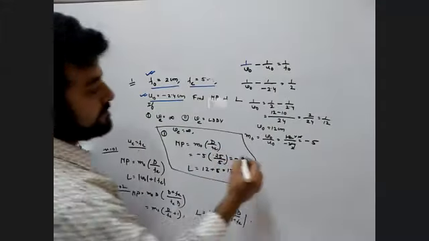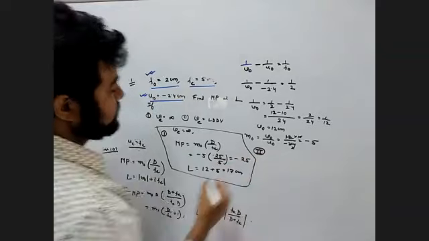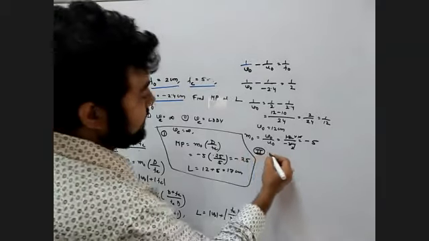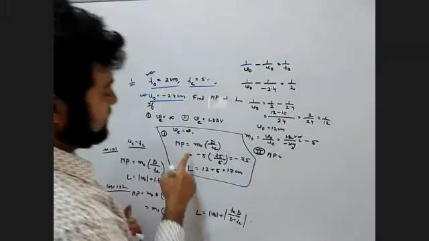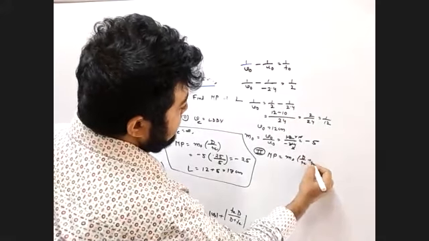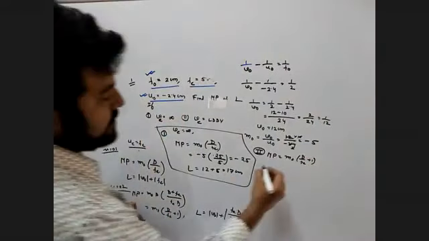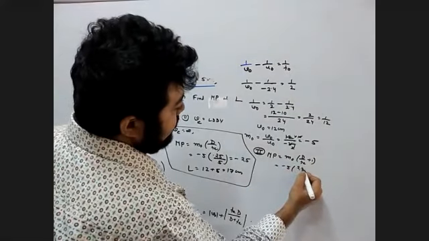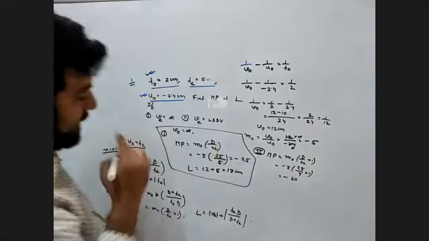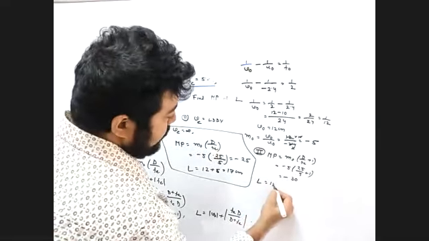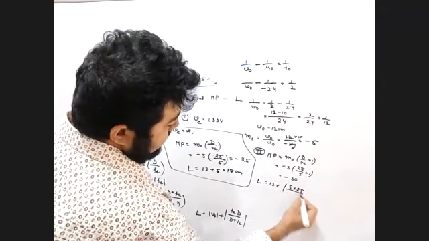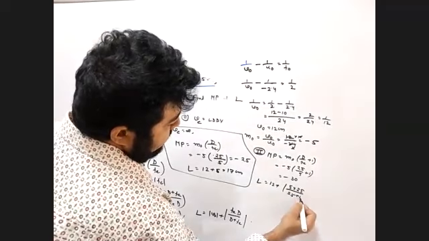Now the second part, when the image is at the least distance of distinct vision, what is my magnifying power? Magnifying power is m naught d by fe plus 1. So minus 5 into 25 by 5 plus 1, that is minus 30. And what is my L? V naught plus ue, so 12 plus 5 into 25 by 25 plus 5.